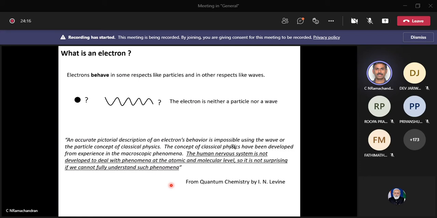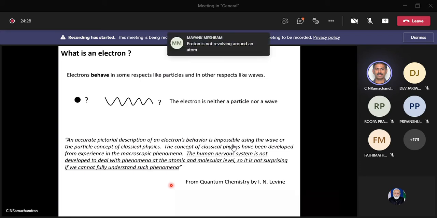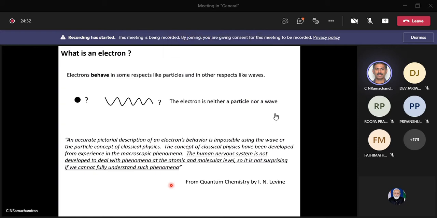So I'm not telling that electron is a particle or electron is a wave, that is up to you. But to explain certain things and make people understand, it is better to take the particle nature, and sometimes to explain, the wave nature. I will leave it to you. It has both characters.